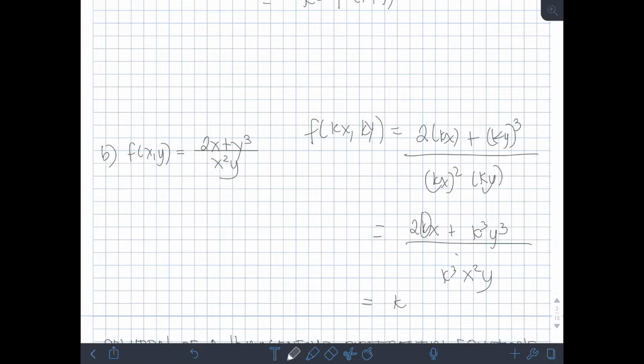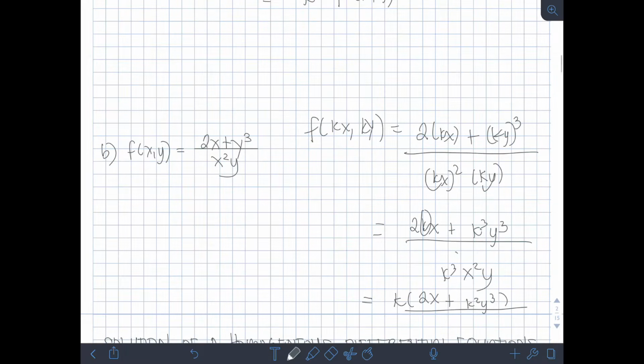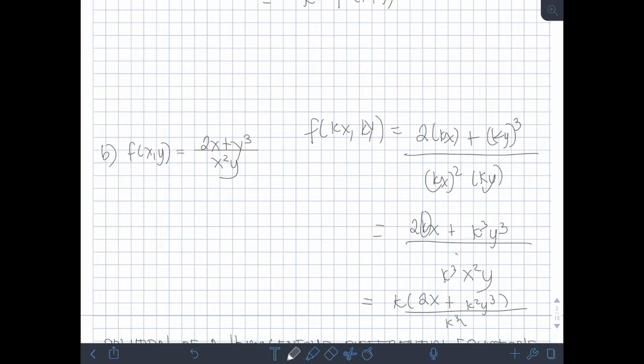So, we have k times 2x plus k squared y cubed over k cubed x squared y. Tapos makakancel lang tong isang k dito, magiging 2x plus k squared y cubed over k squared x squared y.